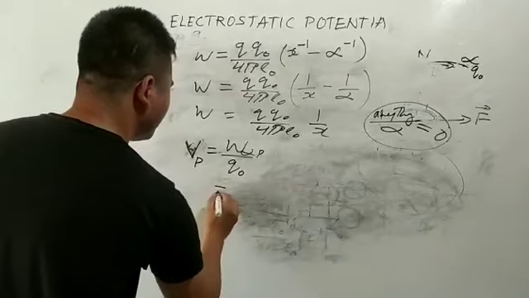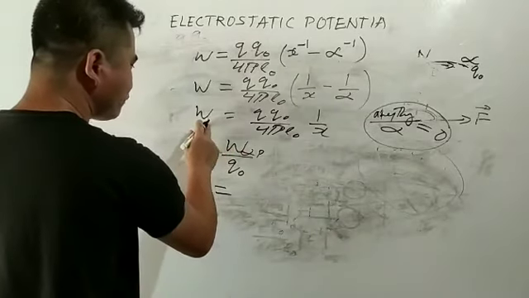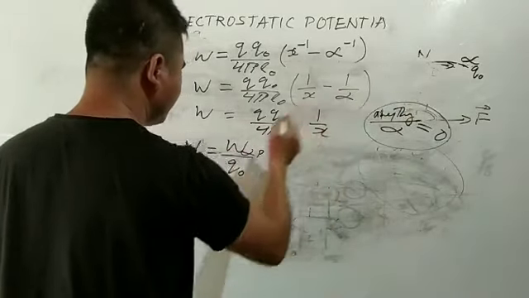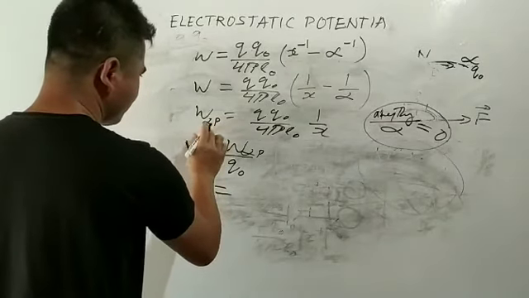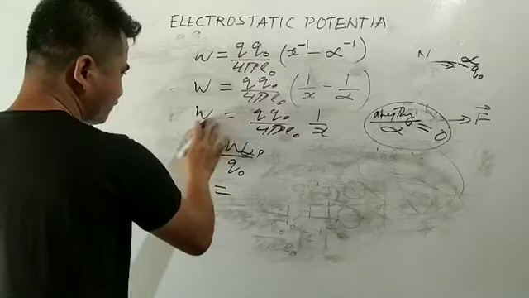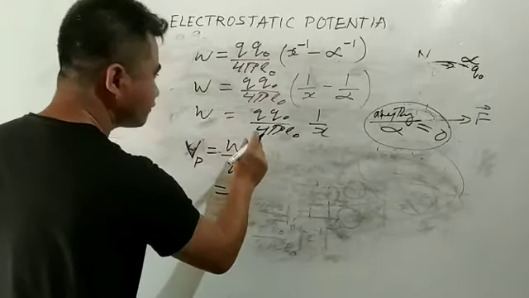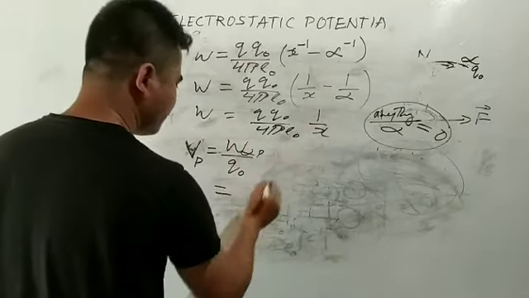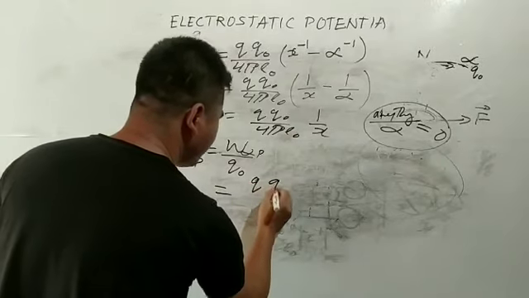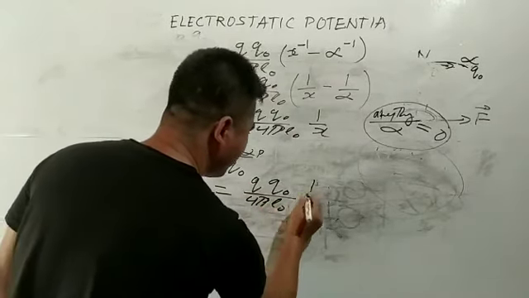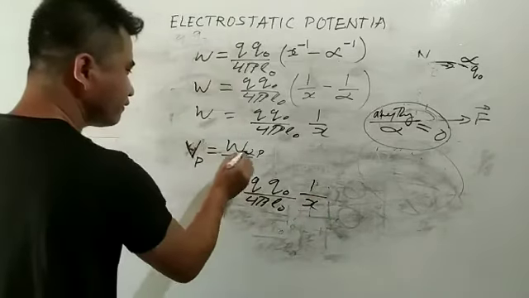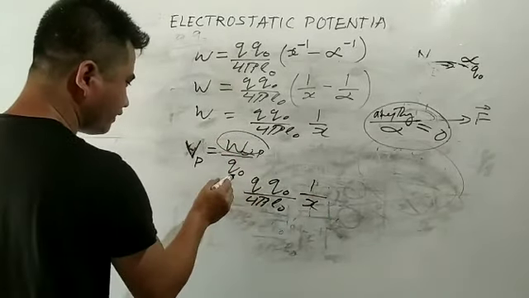Now what is this? This is the work done from infinity to that point. You can write it like this also, infinity to that point. If you don't write it, it's okay, we understood. So now work done is Q naught by 4 pi epsilon naught 1 by x, divided by Q naught.